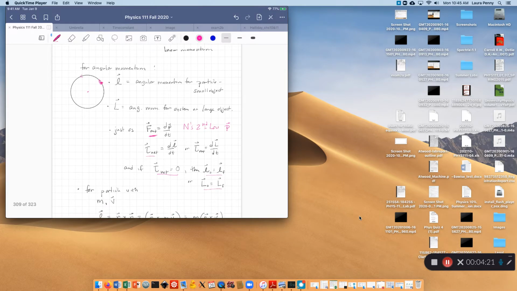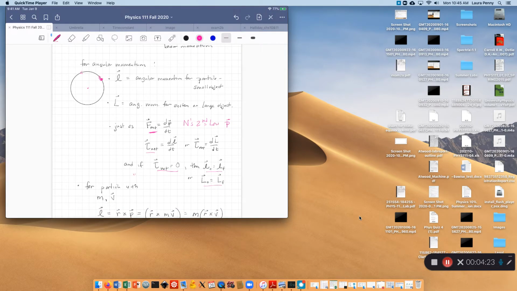So if net torque is 0, then we say that angular momentum is conserved.